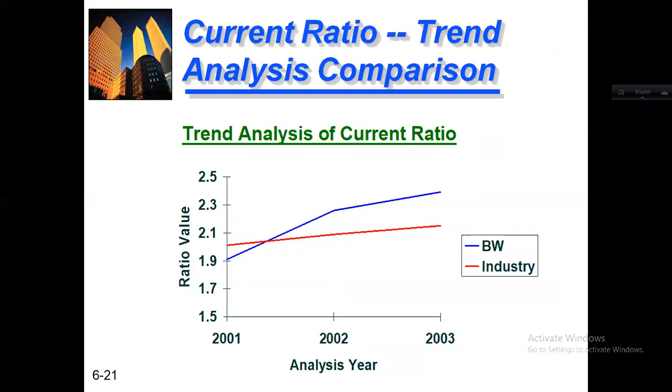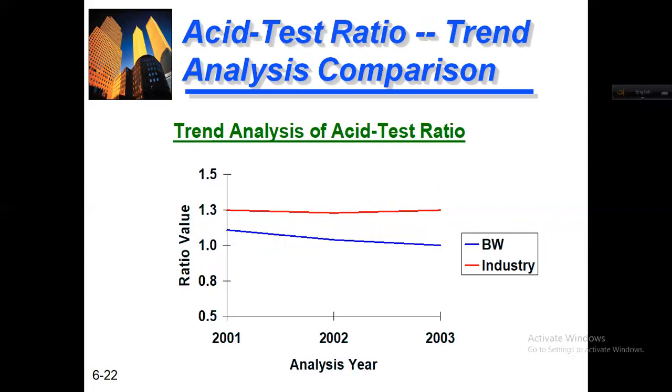You can see from 2001 to 2003 that our company's current ratio is in blue and the industry average is in red. The current ratio is in an increasing trend, whereas the industry is constant or fluctuating. For the acid test ratio or quick ratio, it is in a decreasing trend, and on the other hand in the industry you can see that it is also a decreasing trend.